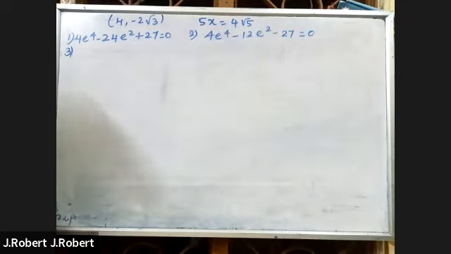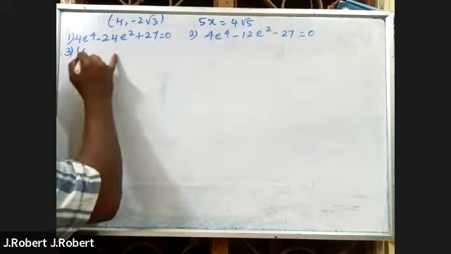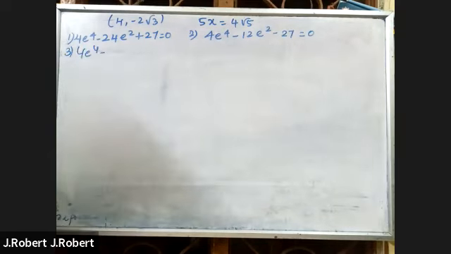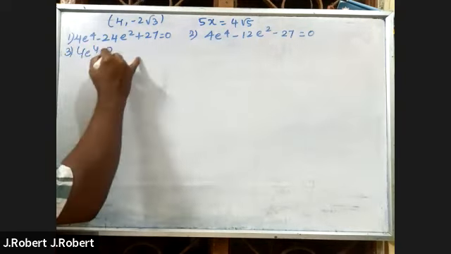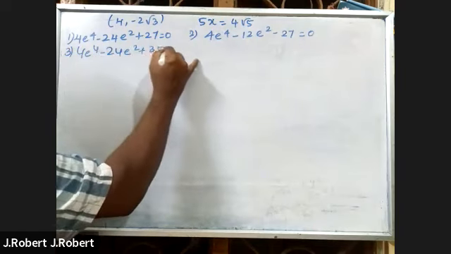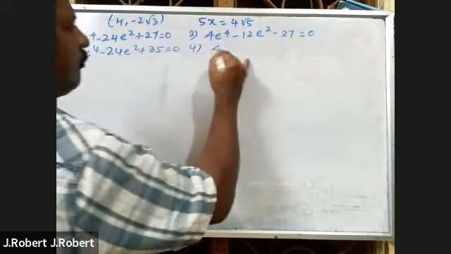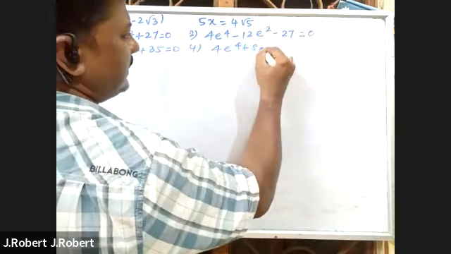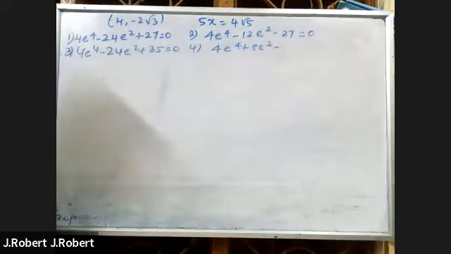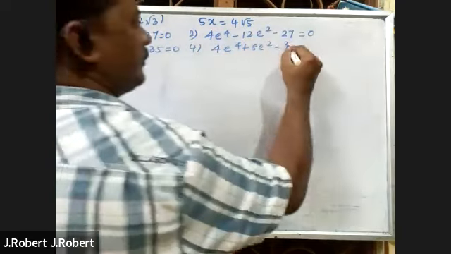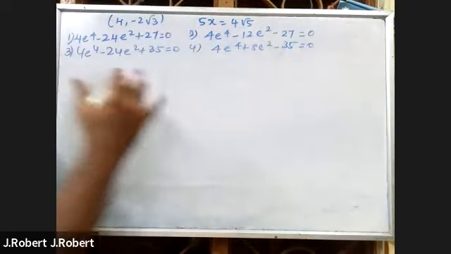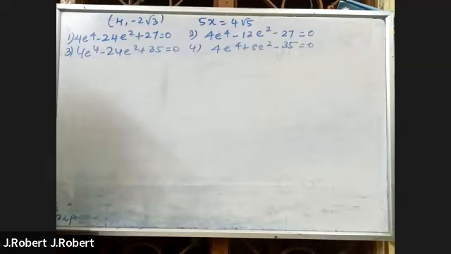The third option is 4e power 4 minus 24e square plus 35 equal to 0. The fourth option, 4e power 4 plus 8e square minus 35 equal to 0. So using the given condition, we have to form a relation, and out of these four, choose the correct one.